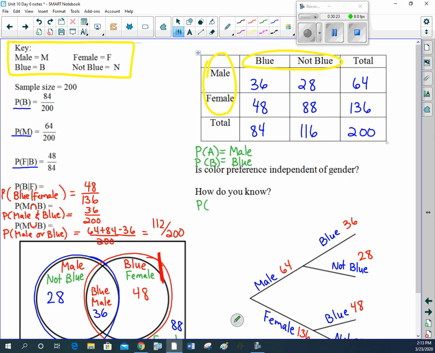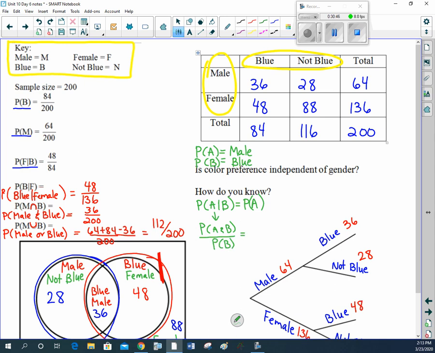It's the probability of A given B is going to equal the probability of A. So probability of A given B, let's do this part right here, is the probability of A and B over the probability of B.